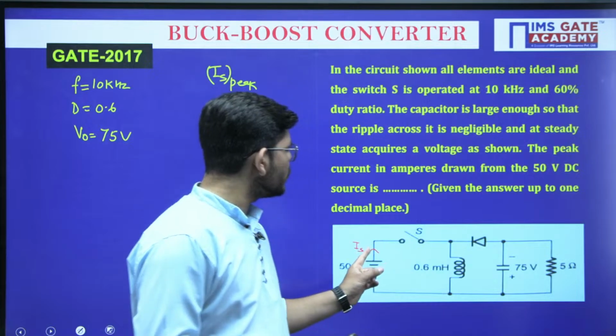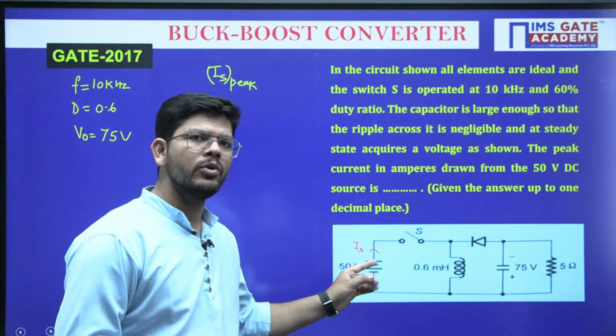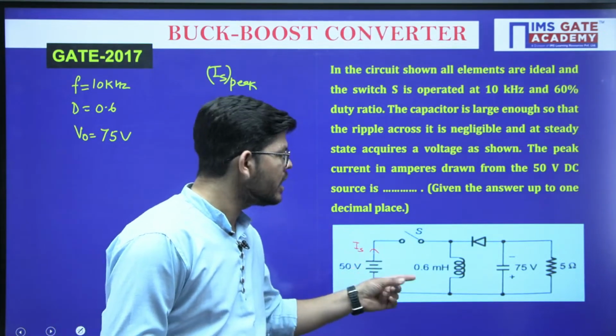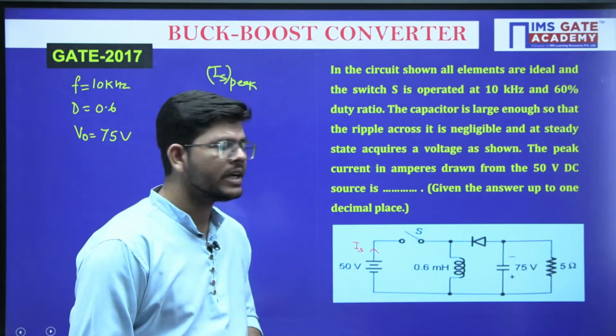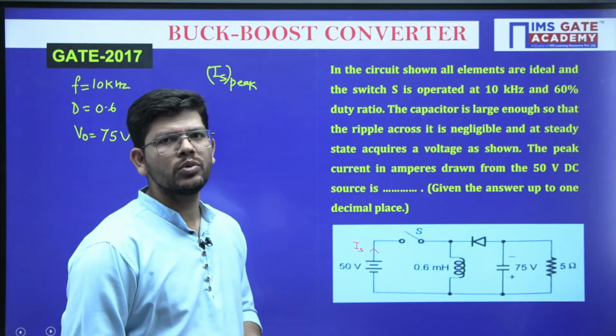So we don't have to calculate the source current maximum value. In fact, we have to calculate the inductor current maximum value. Whatever is the maximum value of inductor current, the same value the source will be having.